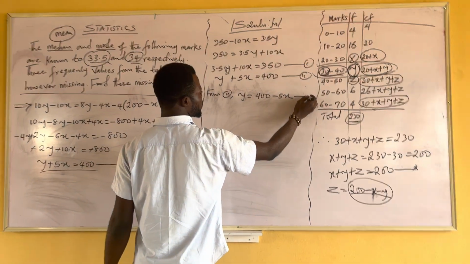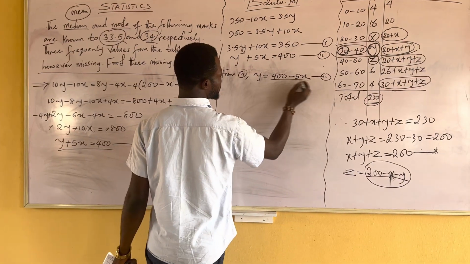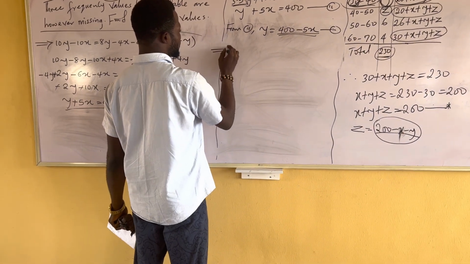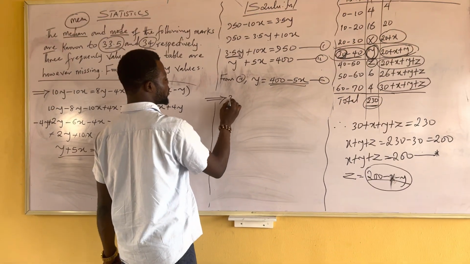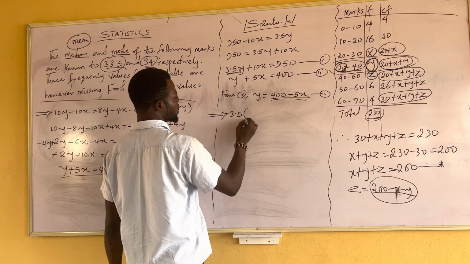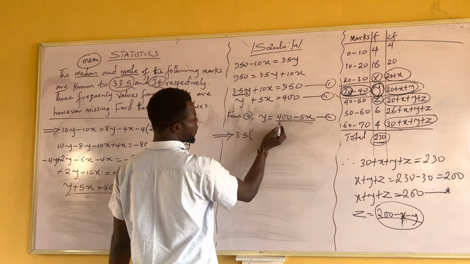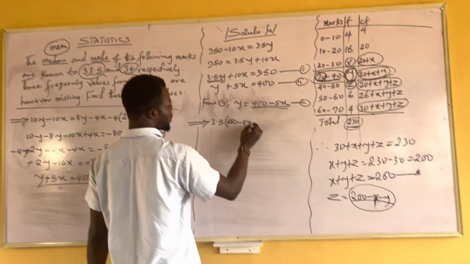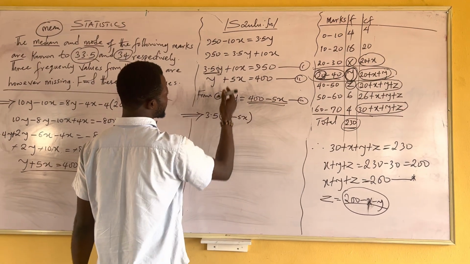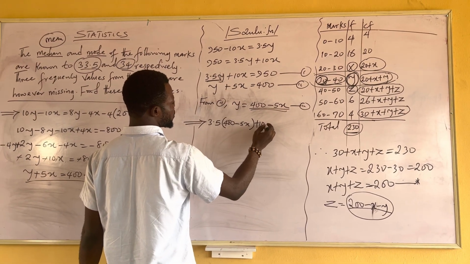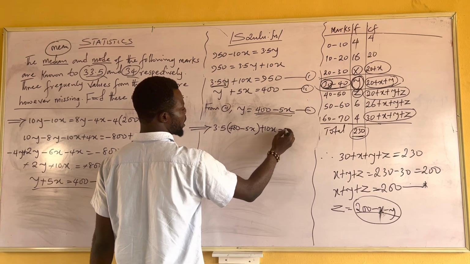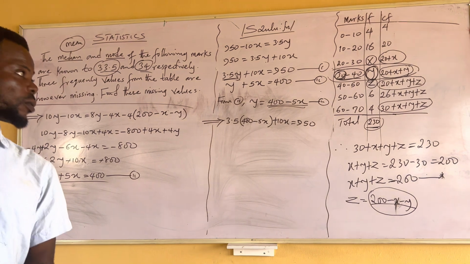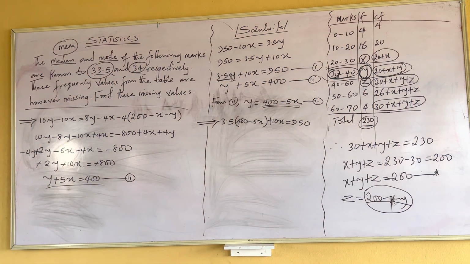So this will be equation 3. So I want to substitute this. So we now have here 3.5 times y, and my y is this, 400 minus 5x, then plus 10x equal to 950.